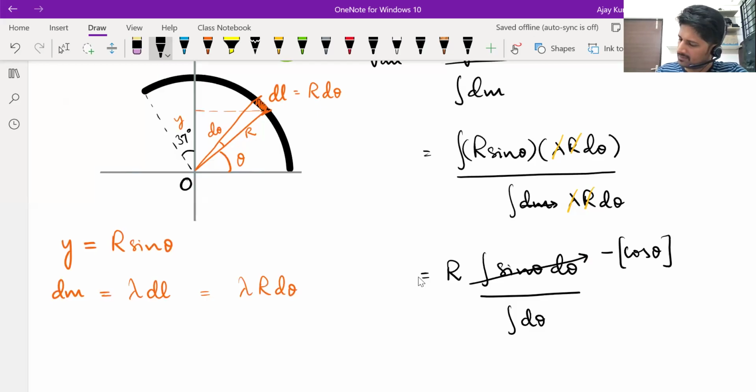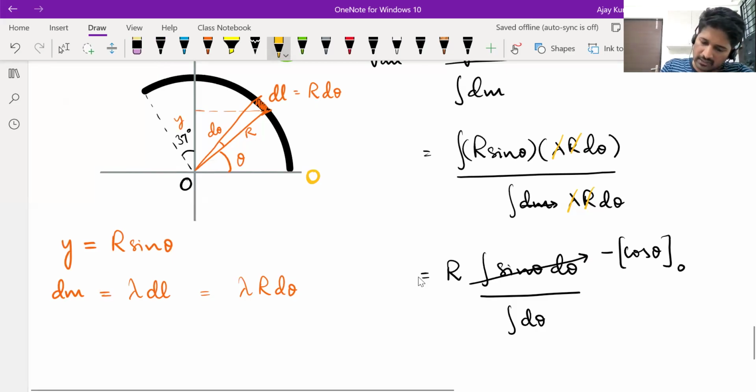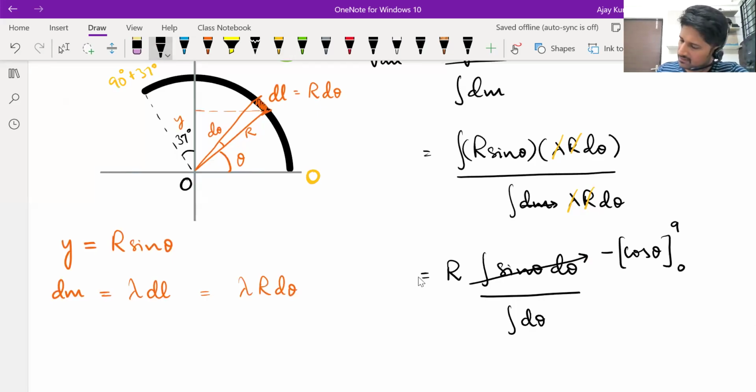Limits will be from 0 to, see, for this element the angle is 0, and for this element it is 90 degrees plus 37 degrees. So 0 to 90 plus 37 itself I'll write, because we know what to do with cos of 90 plus theta. Denominator, integral d theta is nothing but theta. Here also same limits, 0 to, you need to be careful here, you can't take 90 plus 37.